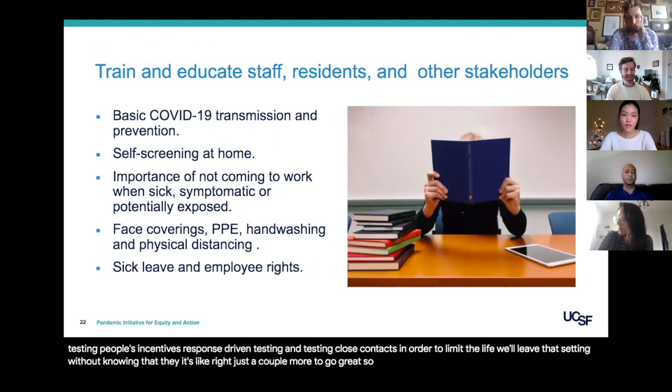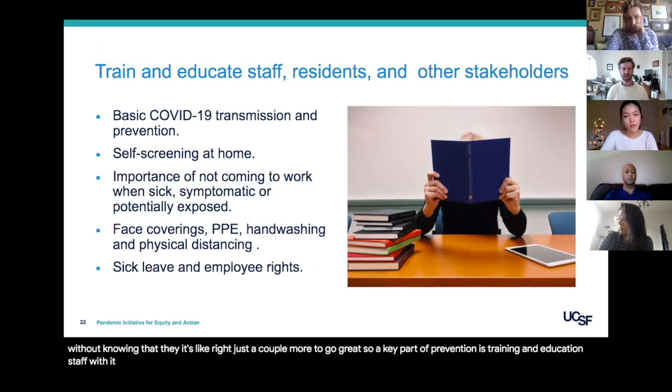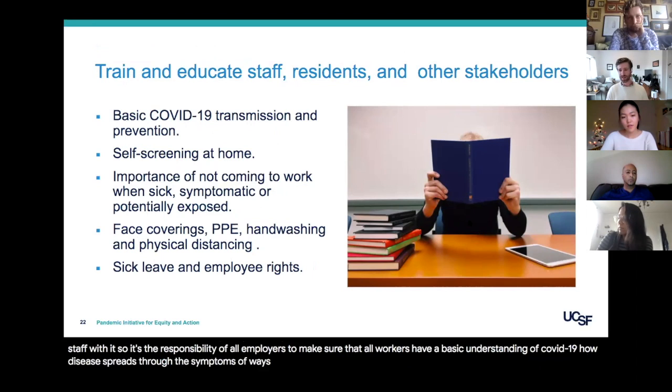Great. So a key part of prevention is training and education of staff, residents, and other stakeholders. It's the responsibility of all employers to make sure that all workers have a basic understanding of COVID-19, how the disease spreads, what the symptoms are, and ways to prevent and minimize that spread.